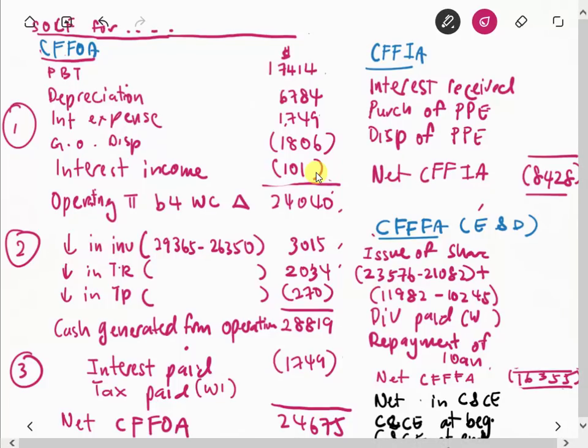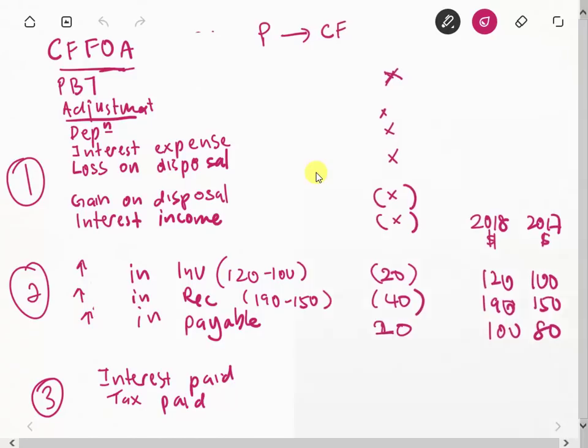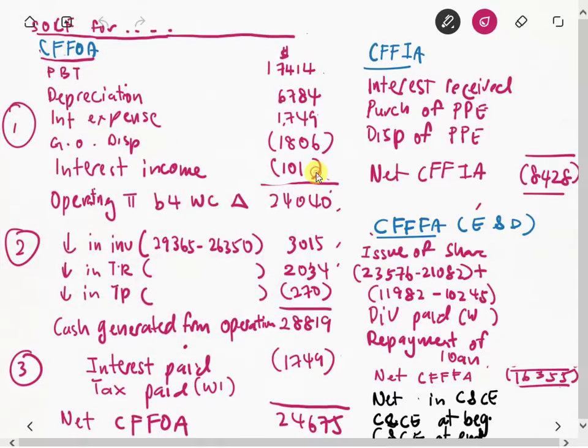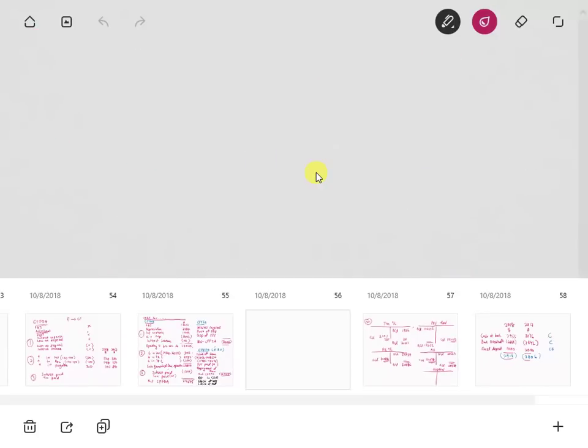Why like that? Example here. My interest, I pay 1749.